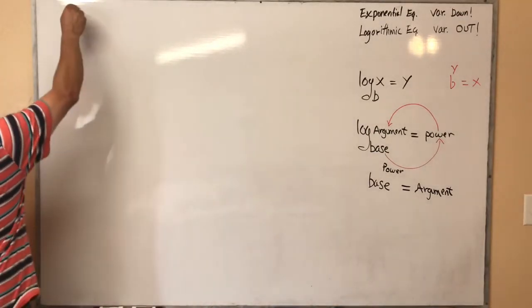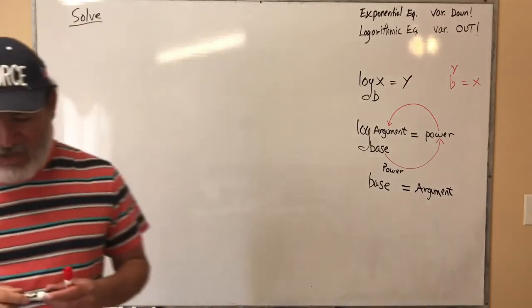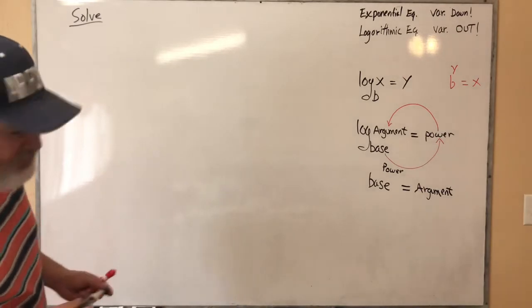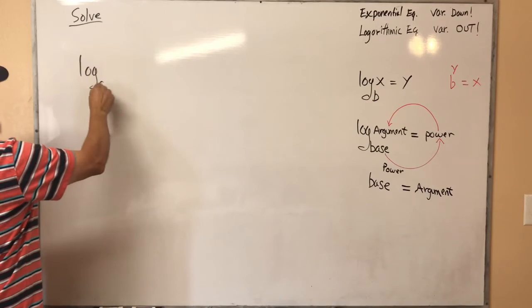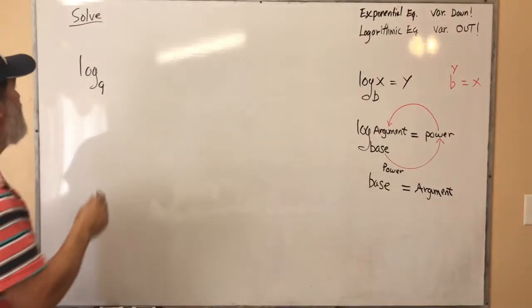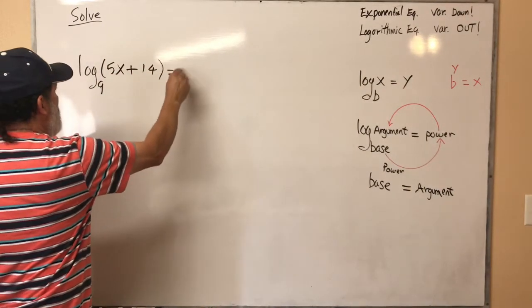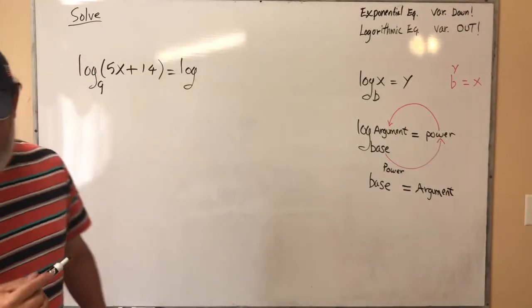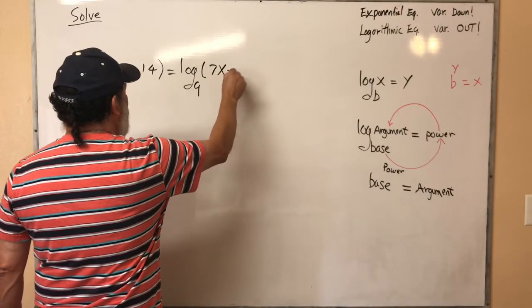Solve log base 9 of 5x plus 14 equals log base 9 of 7x minus 2.